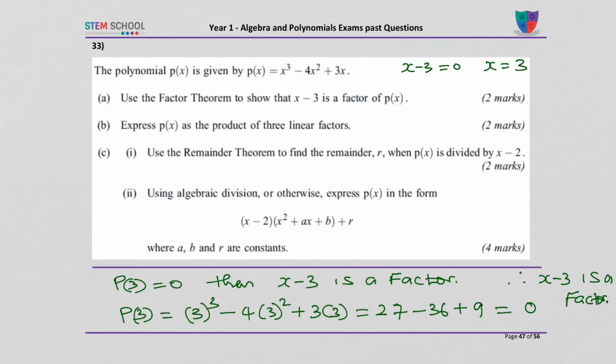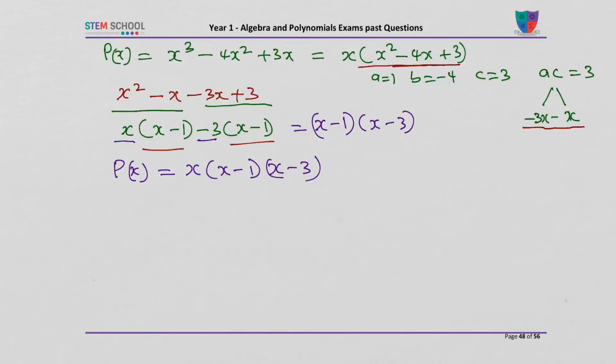Part C. Use the remainder theorem to find R when p of x is divided by x minus 2. So that's part B. Now part C, we would have a remainder if we divide p of x by x minus 2. The best way to show that is to substitute.